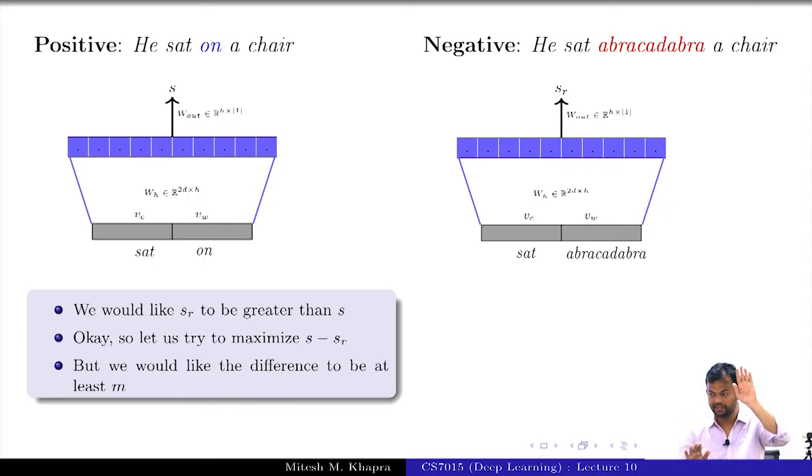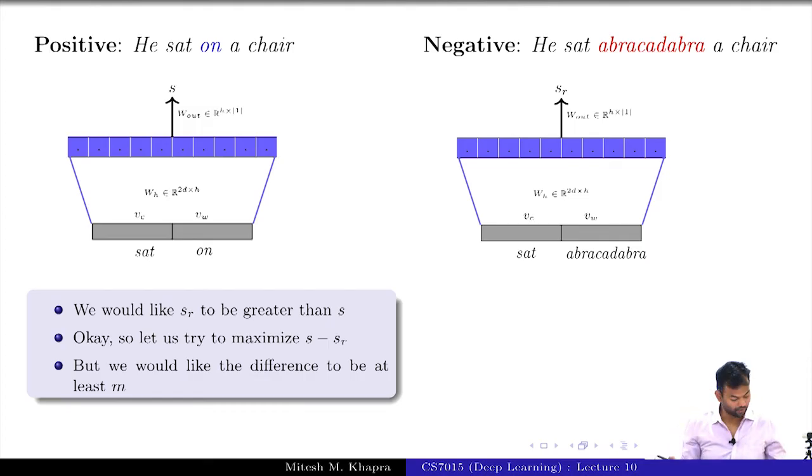That means I would want S to be greater than SR by at least a margin of M. And that M is something I'll decide. So I could say that it should be at least 10 points greater than SR or 1 point greater than SR, depending on the scores that I have. If all my scores are between 0 and 1, then probably a margin of 0.3 or 0.4 sounds reasonable. That means S could be 0.6 and SR could be 0.2. Does that make sense?